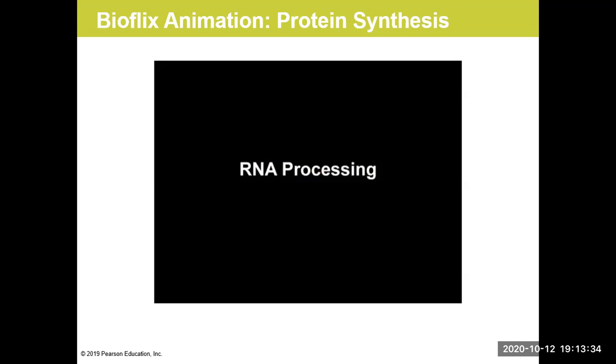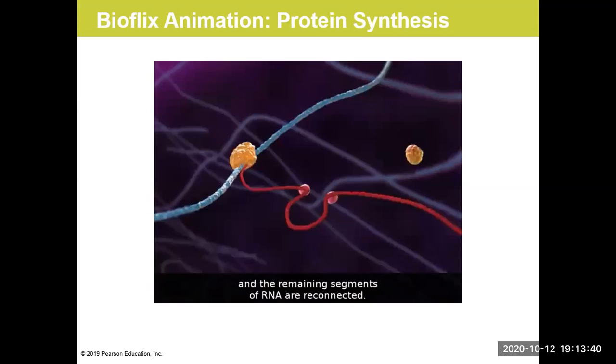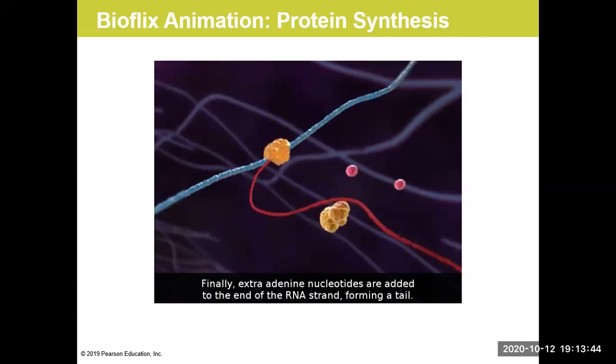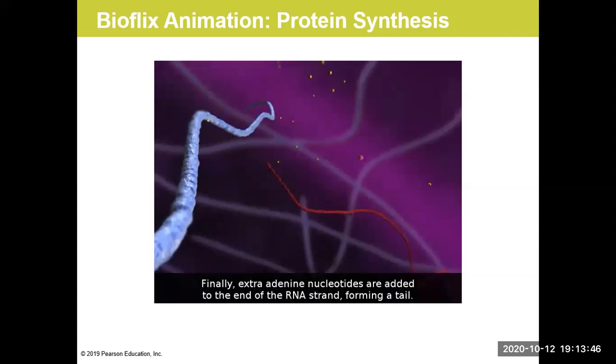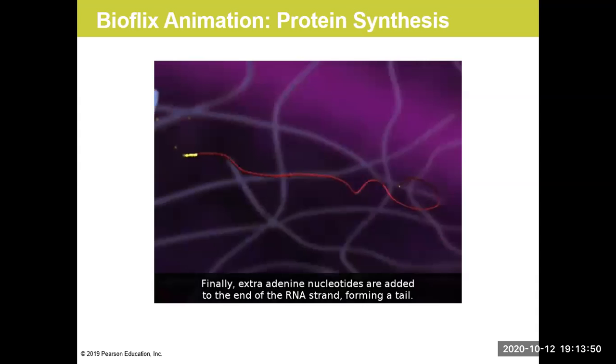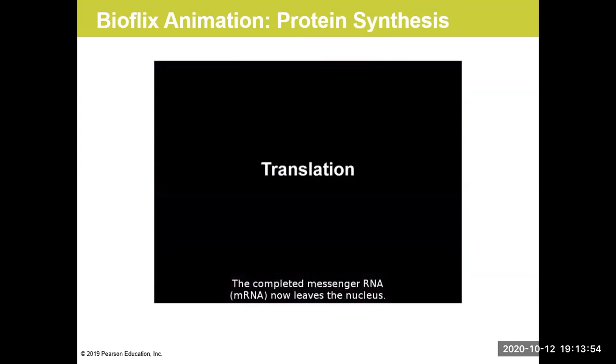First, a modified guanine nucleotide is added. Also, segments of the RNA are reconnected. Finally, extra adenine nucleotides are added to the end of the RNA strand, forming a tail. The completed messenger RNA, mRNA, now leaves the nucleus.